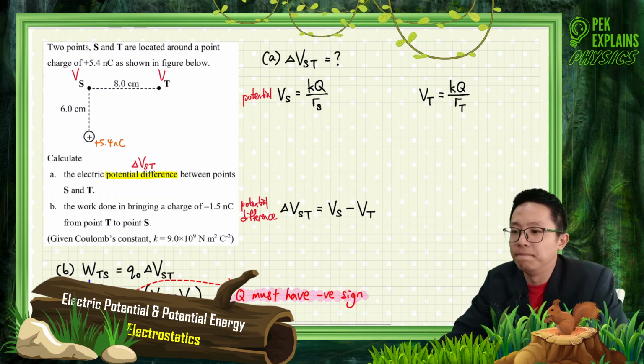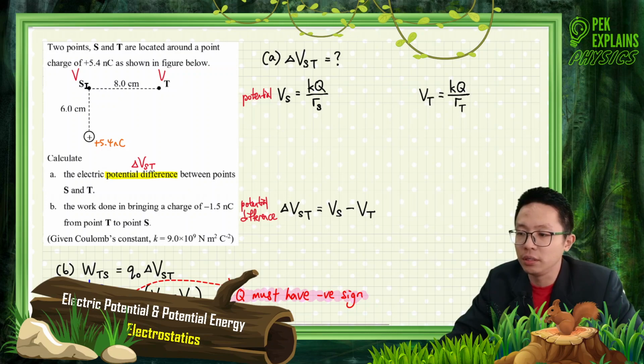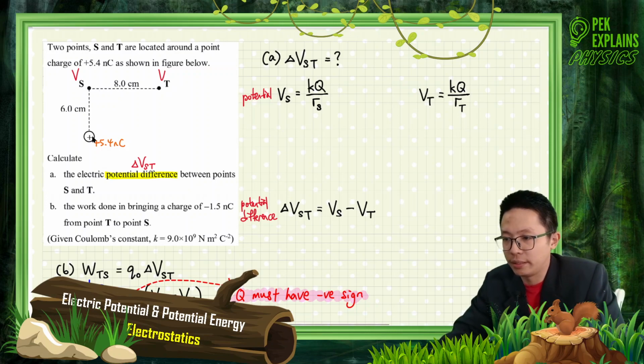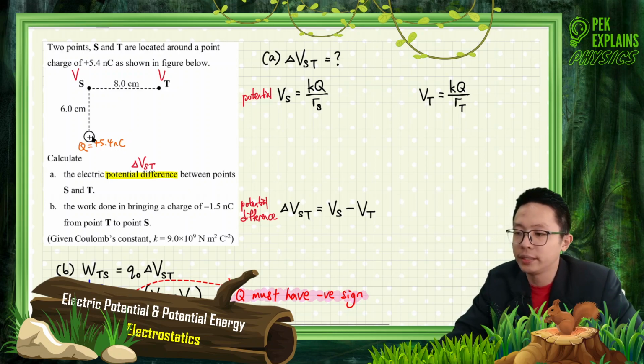Both potentials are contributed by the same point charge Q. Why do S and T have potential? Because of the same charge, which gives out the electric field.